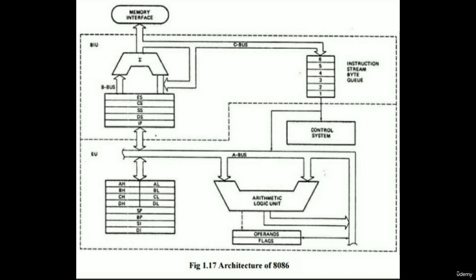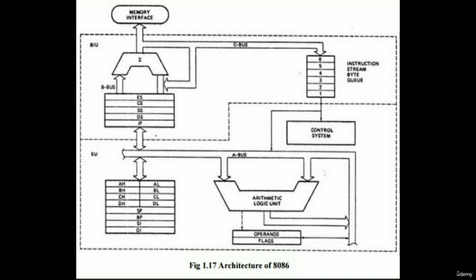Suppose the code segment has the segment address and the instruction pointer has some offset address. Then the physical address must be calculated by the sigma, the ALU, the arithmetic logic unit. It applies the formula: segment multiplied by 10 plus offset address. Then only we have the physical address.